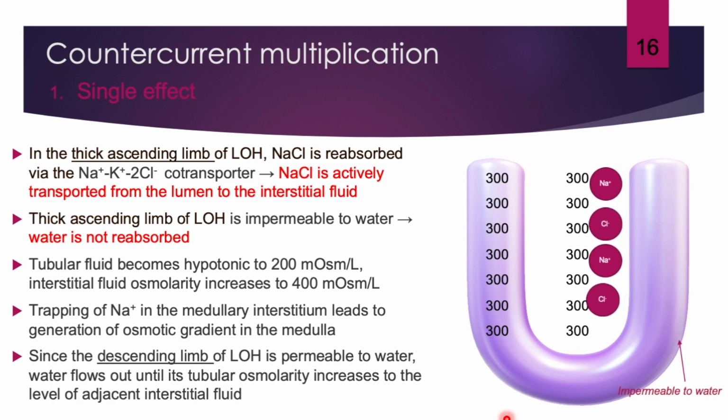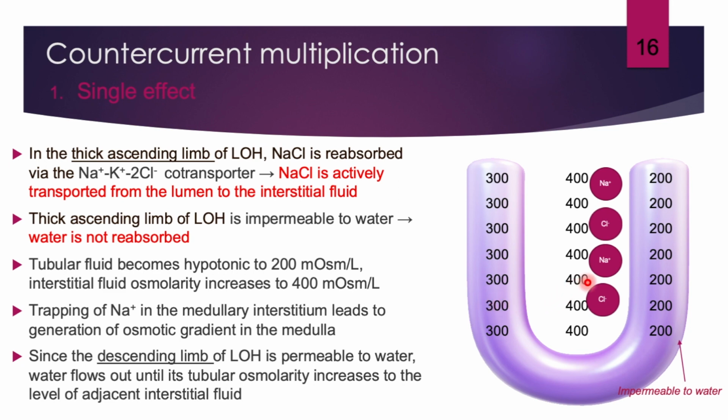Therefore, the tubular fluid in the thick ascending limb becomes hypotonic, at 200 milliosmol per liter, whereas the osmolarity of the interstitium increases to 400 milliosmol per liter. The trapping of sodium in the medullary interstitium leads to generation of osmotic gradient in the medulla. On the other hand, the descending limb is permeable to water.